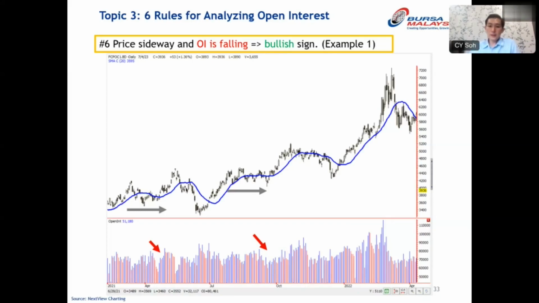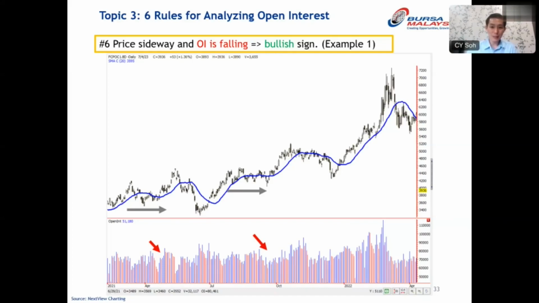So there would be a confirmation for the uptrend. Now, how long will the uptrend last? We do not really know. But all we can know is that there are actually more bulls than bears in the market. So in this situation, it's actually a bullish sign because the professionals and hedgers who have short positions are likely to cover or close their short positions, because in their commodity business, demand for the commodity is actually coming in. So they would want to reduce their short positions. Going back to the fundamentals, can you tell me when demand comes in, what would the price be?